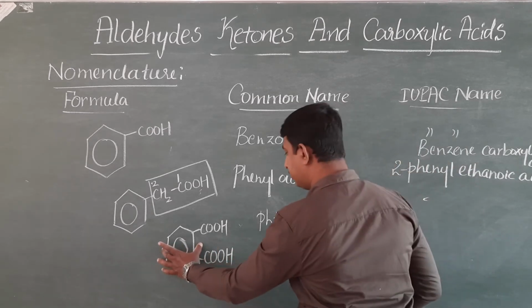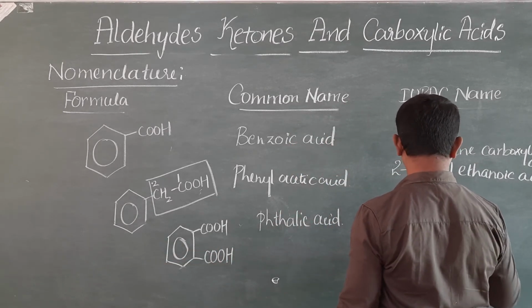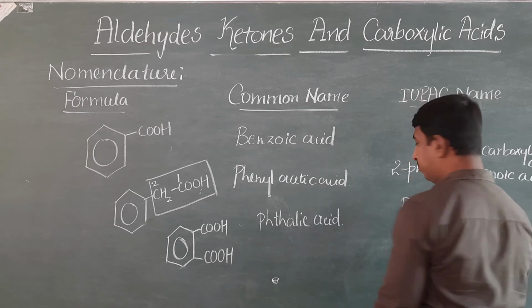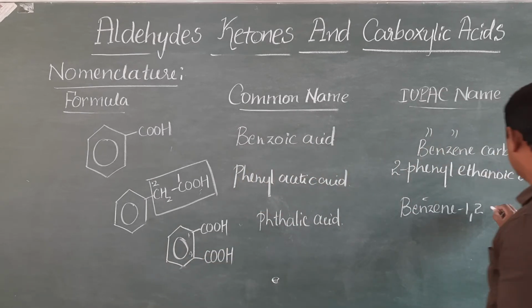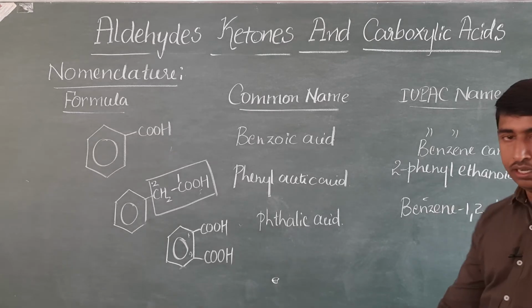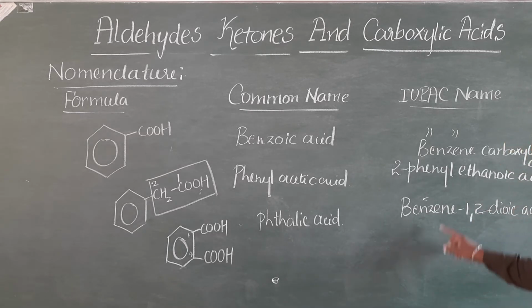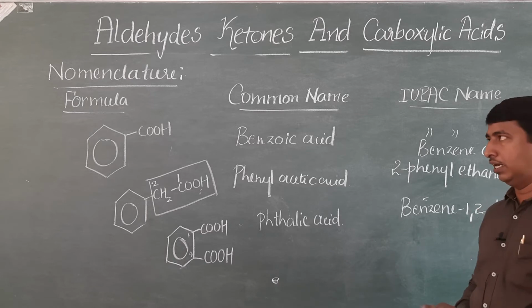IUPAC name: the parent is benzene, carbon number 1 and carbon number 2, so benzene 1,2-dioic acid. Okay, this is about nomenclature of aliphatic and aromatic carboxylic acids.